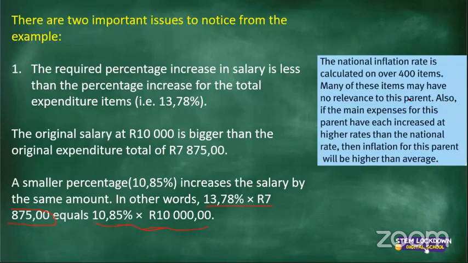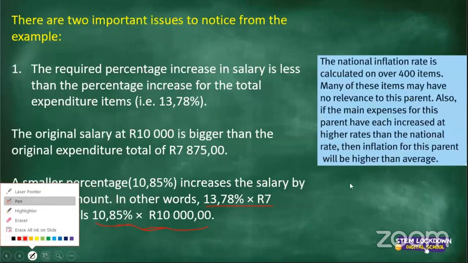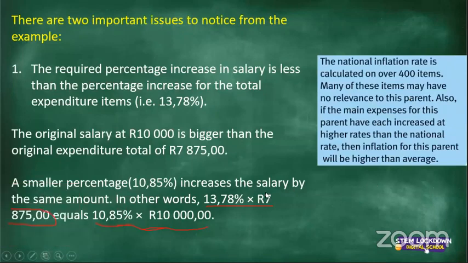So we said national inflation rate is based on various items. You might find that the main expenses for Tabo's mother here in this case are not even in the inflation basket. So that in that case, the inflation rate means absolutely nothing to Tabo's mother because it doesn't inform anything about her decisions.